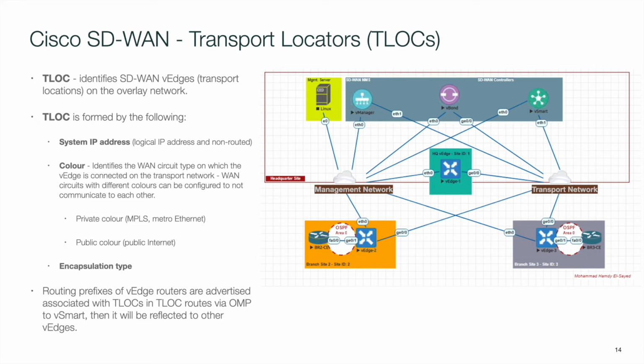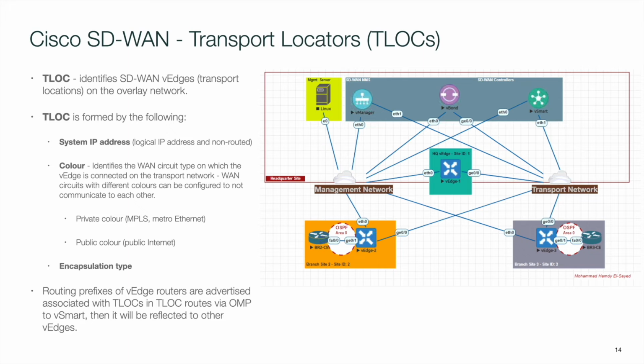WAN circuits with different colors can be configured to not communicate with each other. If we have a routing prefix between a CE router and a vEdge router in a certain branch site, this routing prefix will be advertised to the vSmart controllers with TLOC in a TLOC route via the OMP protocol.